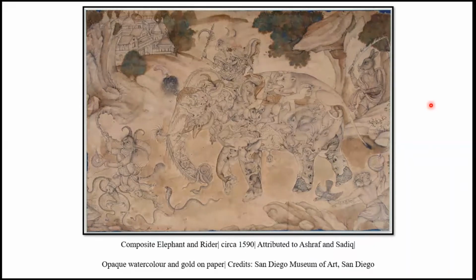So this right here, this particular painting, is a Pashu Kunjar. And this elephant is made up of all sorts of animal parts, right from tortoises and rabbits, and lions, boars, cows, and many, many other animals.